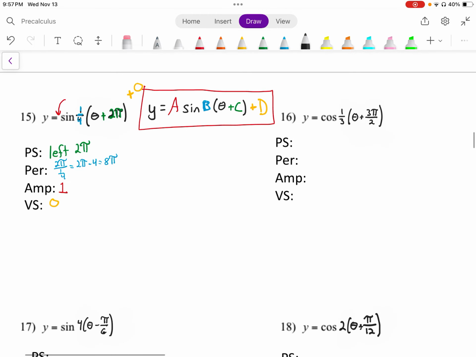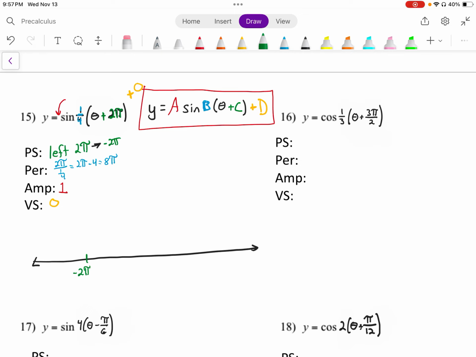We will go ahead and draw our horizontal axis. We're not going to put the y-axis in quite yet. We're going left 2 pi, so negative 2 pi is our starting point.